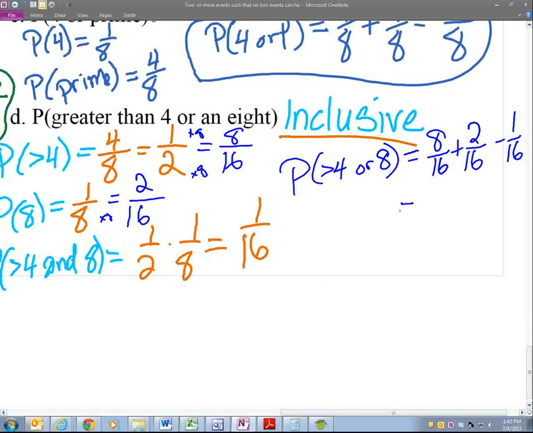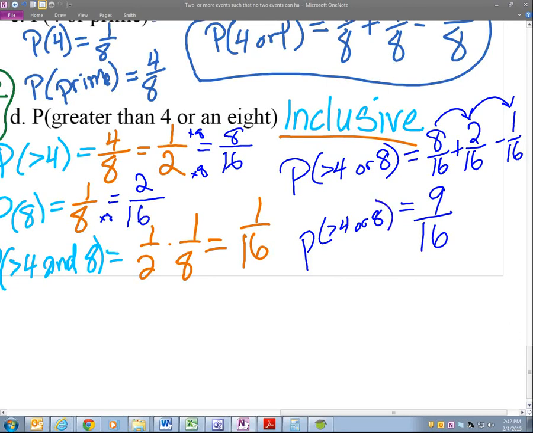I'm just going to drop straight down here. So I have 8 plus 2 is what? 10. 10 minus 1 is what? 9 sixteenths. So the probability of being greater than 4 or 8, you have a 9 in 16 chance of getting it. What would you reduce that by?